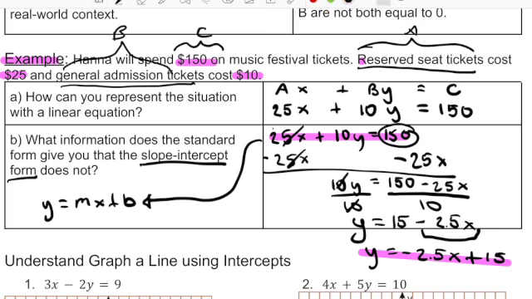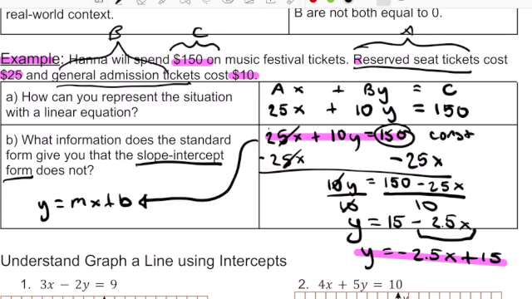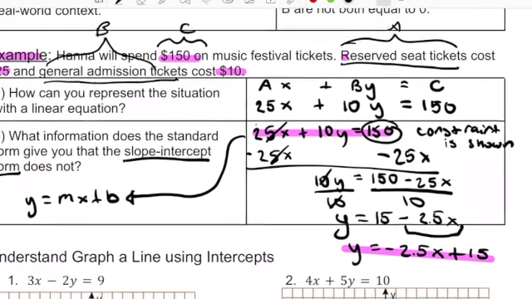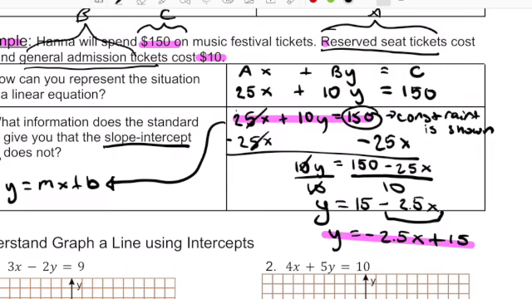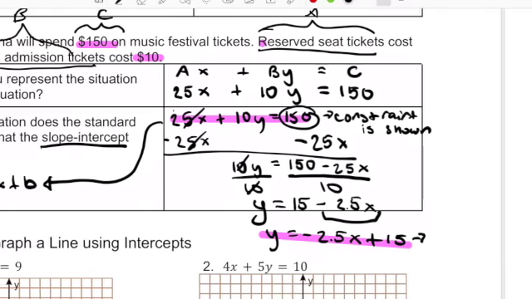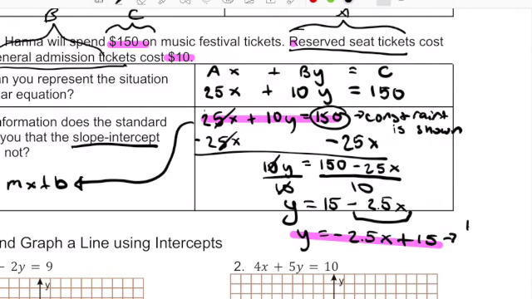So we'll just write that in. The constraint is shown in the standard form. And for our slope-intercept form, our limit for general admission tickets is shown.